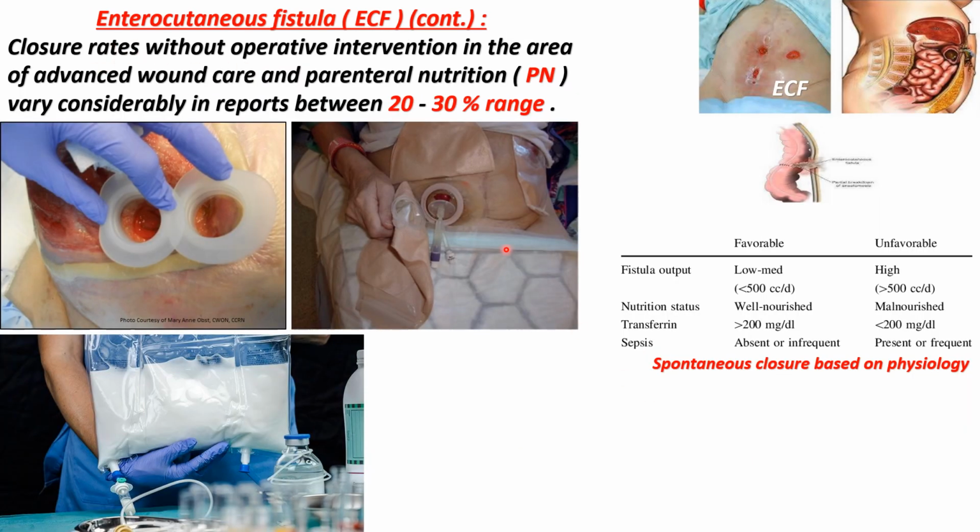Closure rates without operative intervention, in the era of advanced wound care and parenteral nutrition or PN, vary considerably in reports, in the 20 to 30% range. We are seeing here spontaneous closure based on physiology.